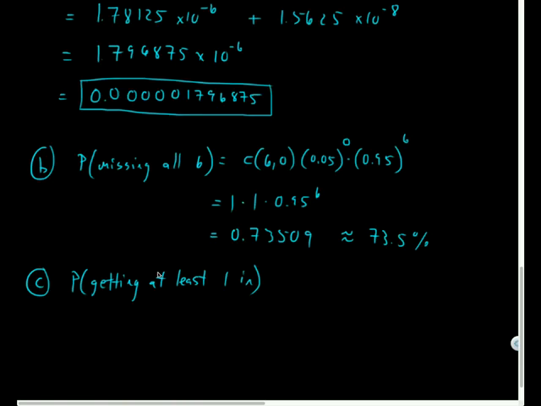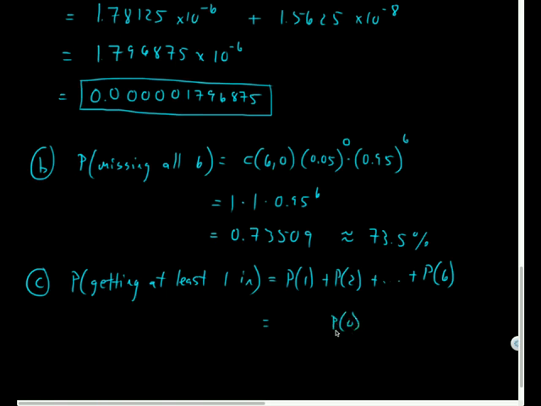So, I mean, I could break this up into the probability of 1 plus the probability of 2 plus the probability all the way to the probability of 6, right? But that would be a lot of separate calculations. The other way I could think of this is I just calculated the probability of 0, right, of missing all 6.